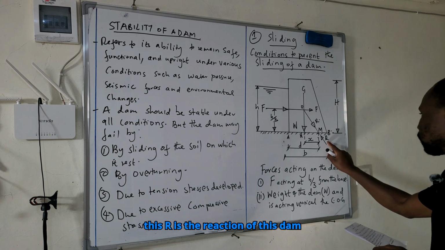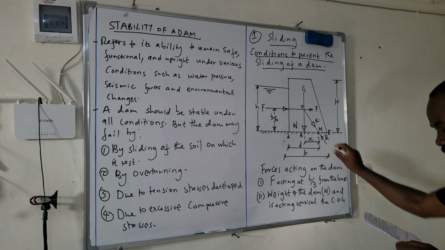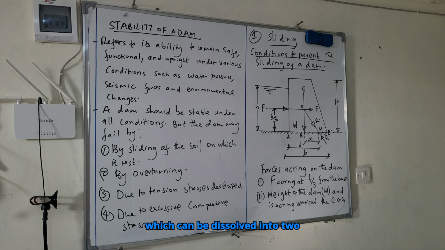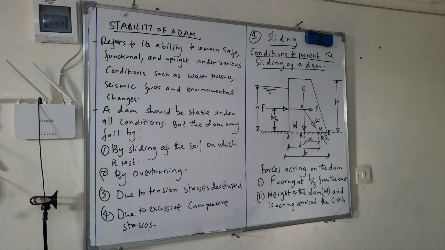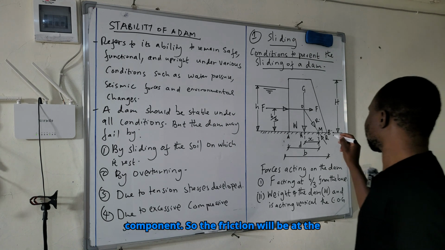So this R is the reaction of this dam, which can be resolved into two components: W, the vertical component, and friction force at the base of the dam, the horizontal component. So the friction will be at the base.